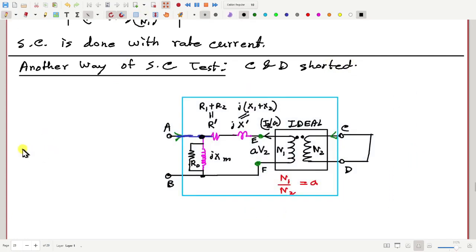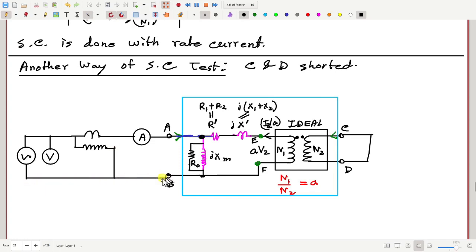And now I apply source voltage, with the current coil and pressure coil of a wattmeter.